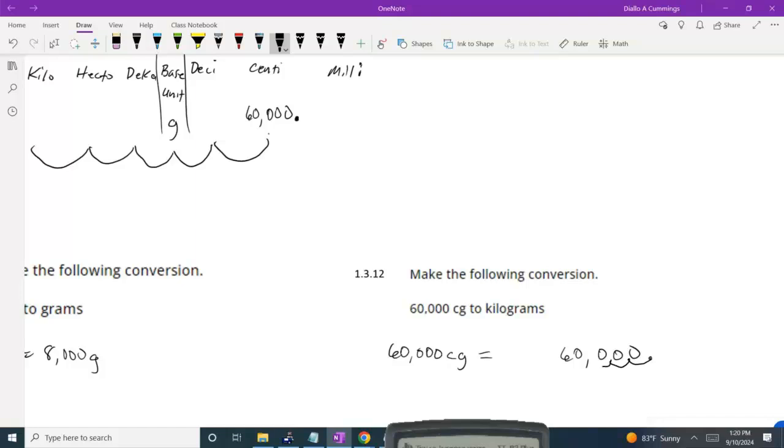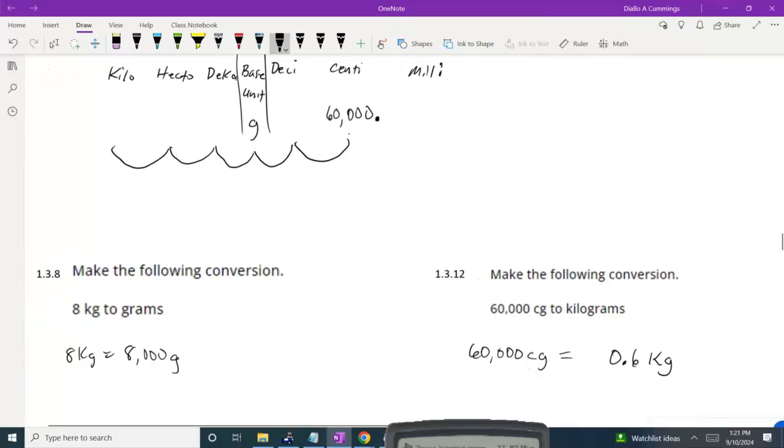So that's 1, 2, 3, 4, 5. So 60,000 centigrams is 0.6 kilograms. All right, so I moved that decimal 5 places to the left.